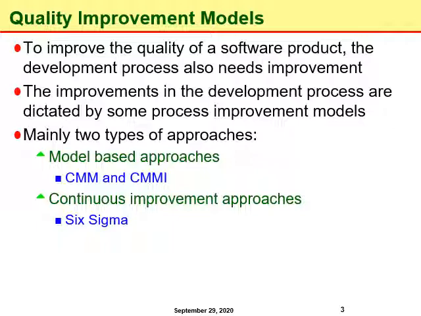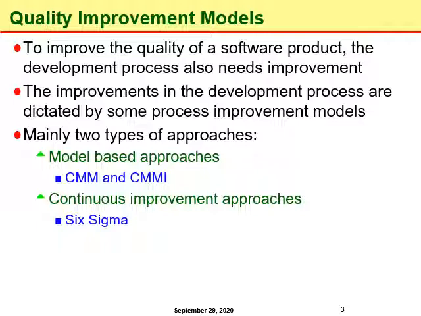On the other hand, the focus of the quality improvement models is on improving the quality of the products. However, here the product quality is improved by improving the quality of the software development process. In other words, to improve the quality of a software product, the development process also needs to be improved.